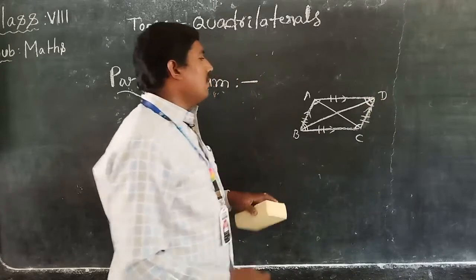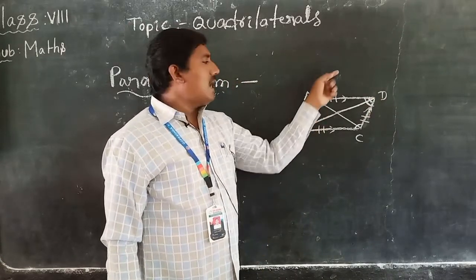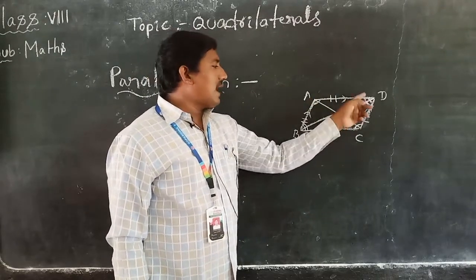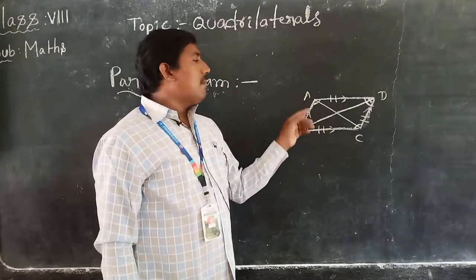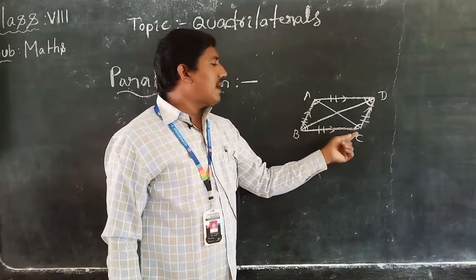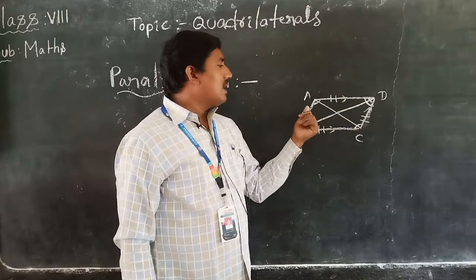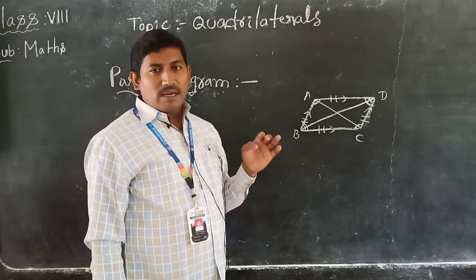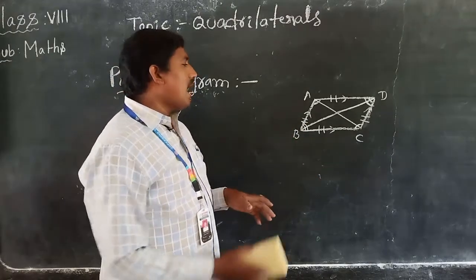Okay. So in a parallelogram, opposite sides are equal and parallel. The two diagonals are not equal, all the angles are not equal, but opposite angles are equal. Angle A is equal to angle C. Angle B is equal to angle D. Here also the sum of adjacent angles are supplementary angles.